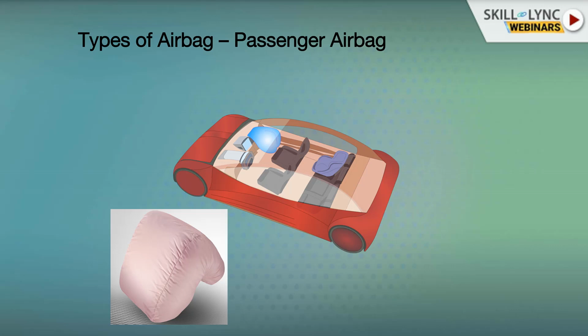It is housed in the IP or the dashboard of a car. Around 2000 to 2005, we had a separate cover which was engraved into the IP, so it was a separate part. But nowadays, what we are getting is a seamless airbag.